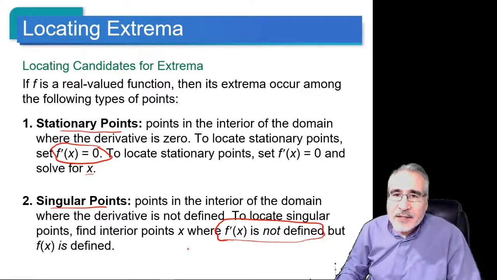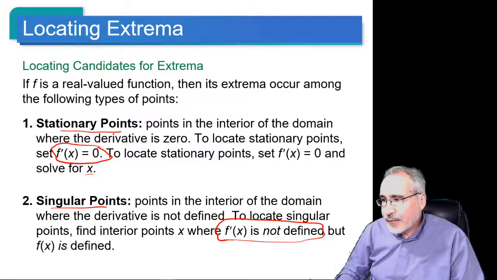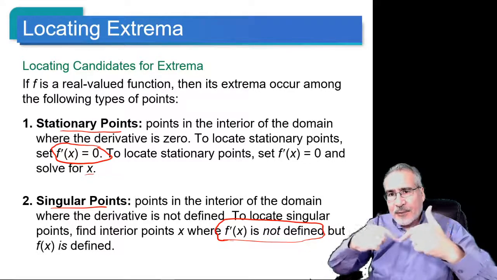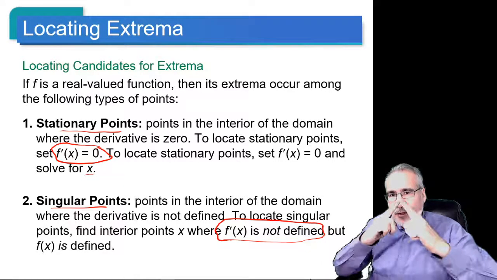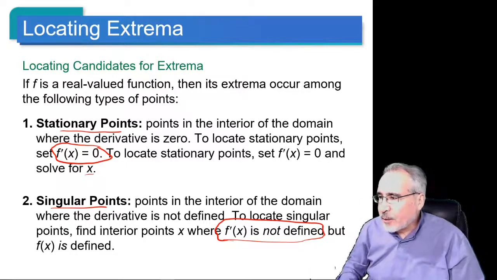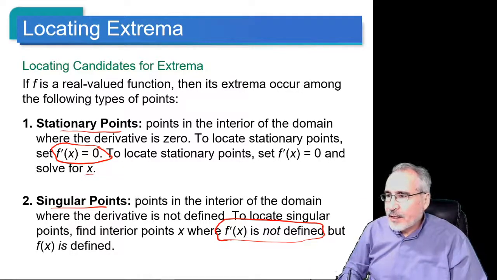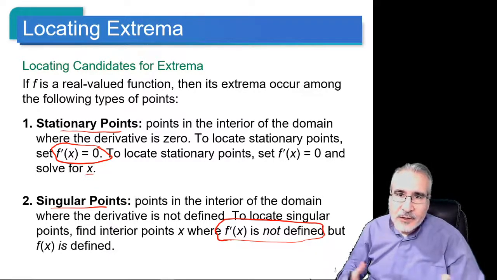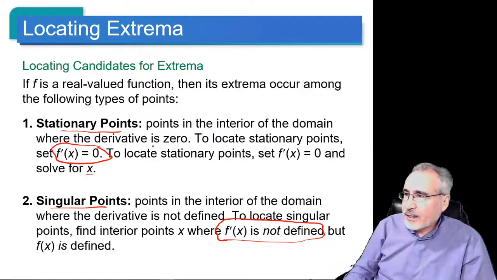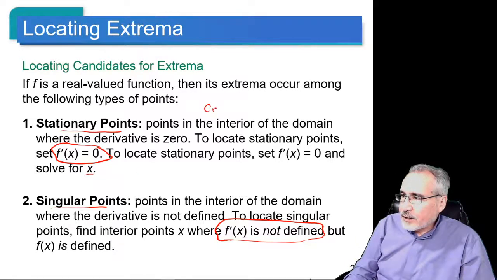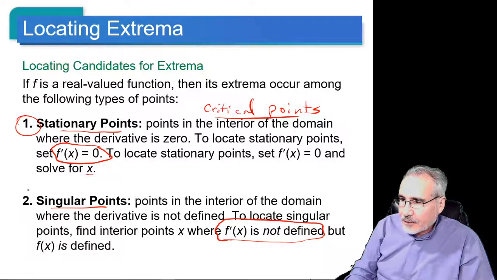That's going to be a singular point. Because the reason it's not defined is we got a sharp point either going down or sharp point going up. So you'll be able to identify those. So find the derivative, set it equal to 0, and find where it's not defined. That will give you all the critical points, right? So these two together are your critical points.